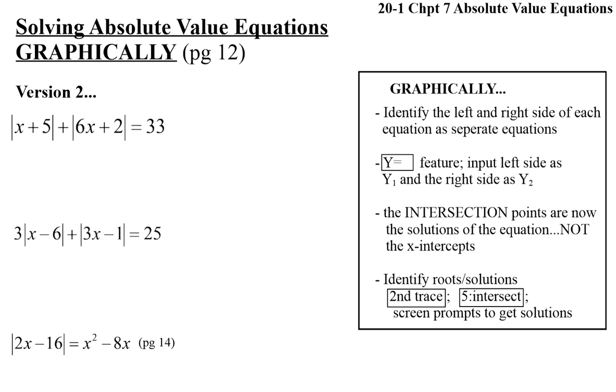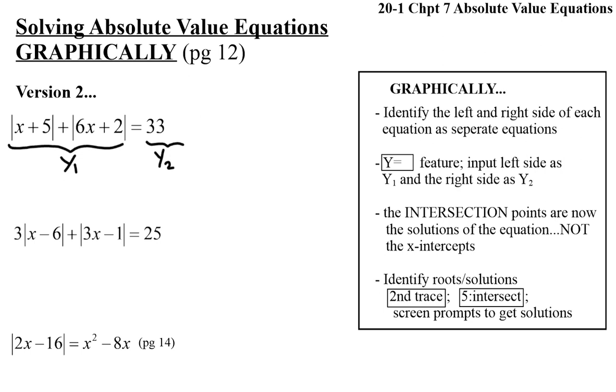Very quickly, I want to take a look on page 12 because they do it a second way as well. Sometimes when you have bigger equations, there are other ways to do it graphically. Rather than move everything to one side, you will sometimes see resources use the left side and the right side of the equation as your y1, y2 graphs. So we're going to end up with two graphs if we graph these.